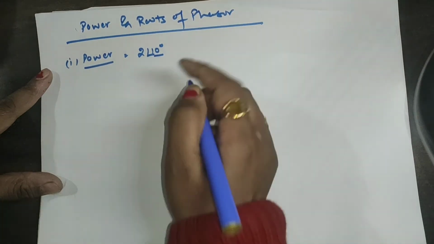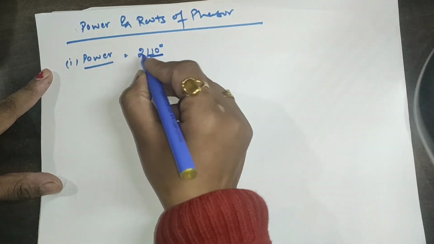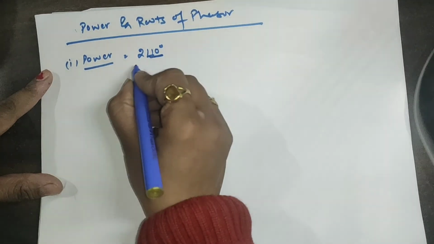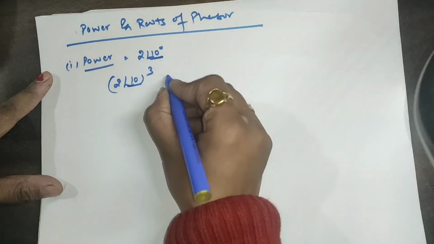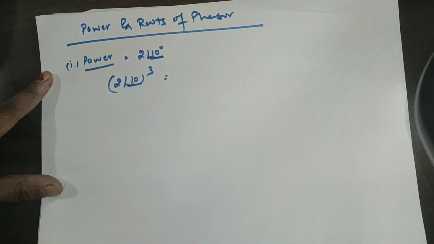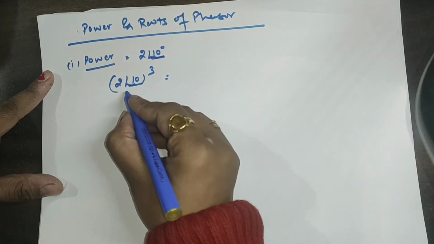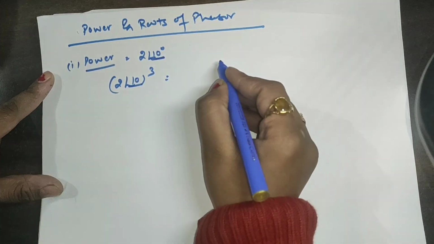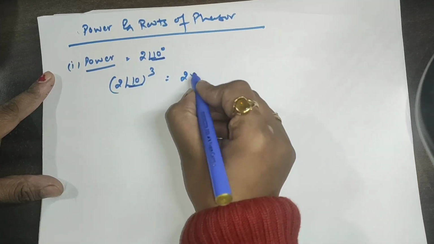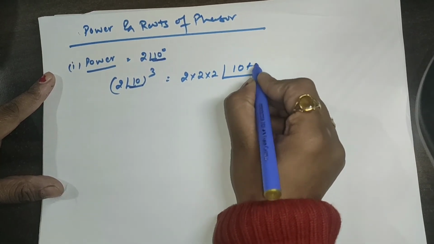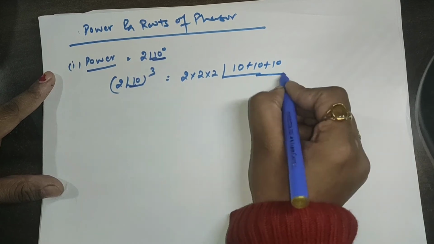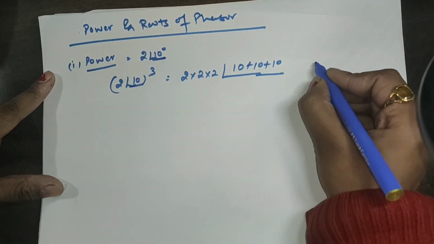If you want the cube of this phasor, how can we do that? 2 angle 10, this cubed, will be 2 angle 10, 2 angle 10 and 2 angle 10, that will be 2 into 2 into 2 angle 10 plus 10 plus 10, because in multiplication the angles are added.